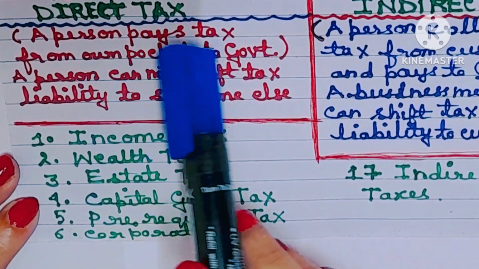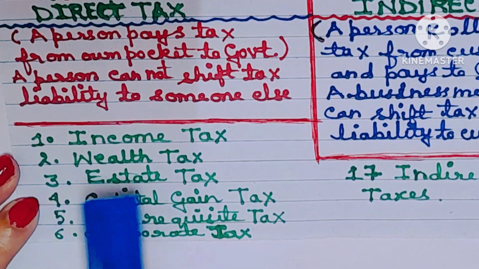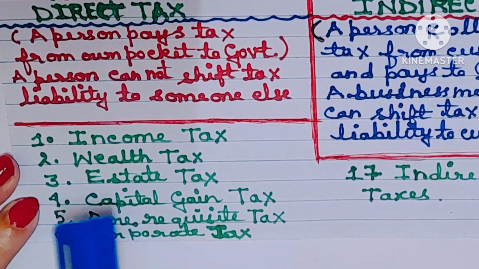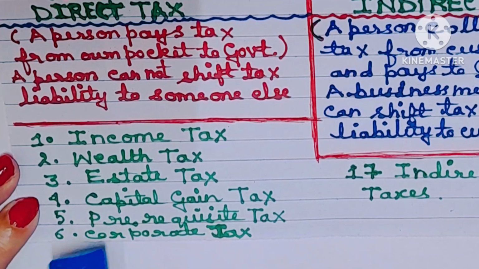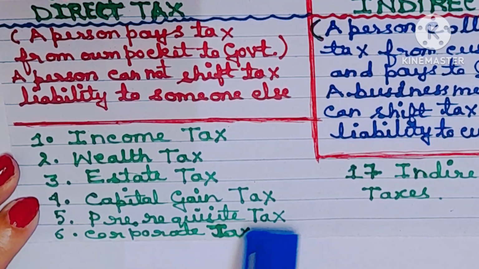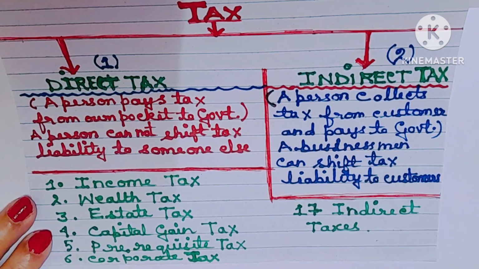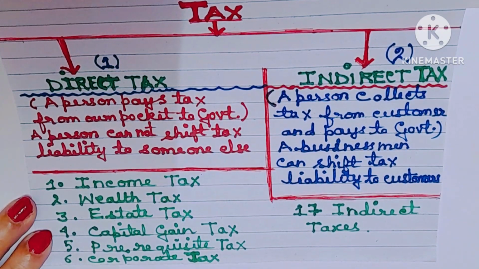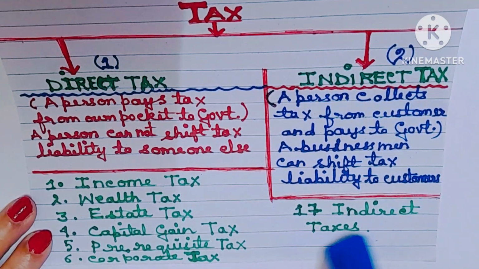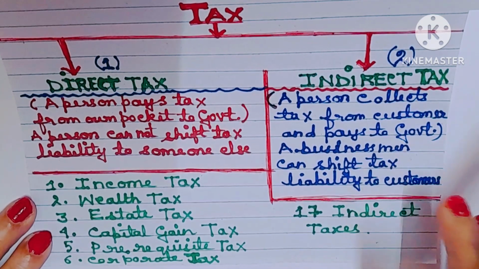So what are the direct taxes? Number one, income tax. Number two, wealth tax. Number three, estate tax. Number four, capital gain tax. Number five, perquisite tax. Number six, corporate tax, and etc. Direct taxes are still existing, but 17 indirect taxes have been merged into a single tax called GST.